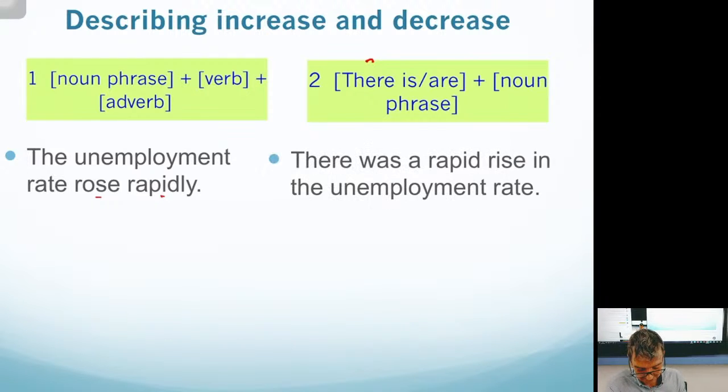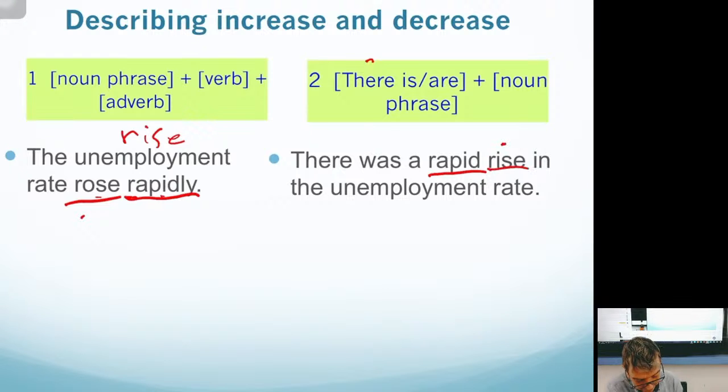Alright, so you should have something like this. There was a rapid rise in the unemployment rate. So rapidly is changed to rapid. Rose, this is past tense of rise, and then we need to change that to a noun, and the noun happens to be the same.